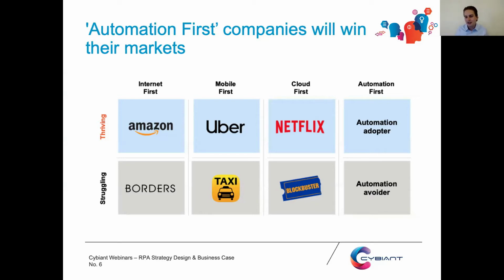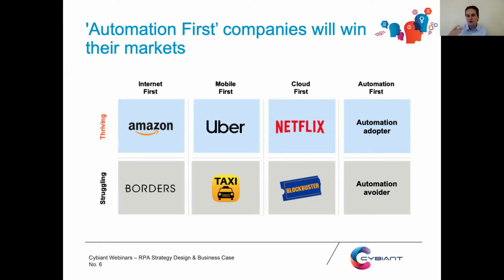Automation is there to bring competitive advantage to businesses, because it can help you do things more quickly or more efficiently. And if you look at some of the major waves that we've seen in technology, especially since the early 2000s, we've seen that the organizations that adapt and adopt this technology very quickly tend to be the winners of tomorrow.